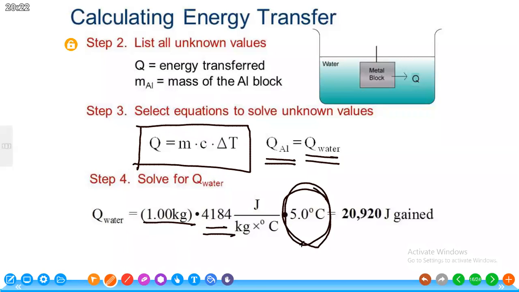So we apply that equation and get the conclusion. The value is 20,920 joules.